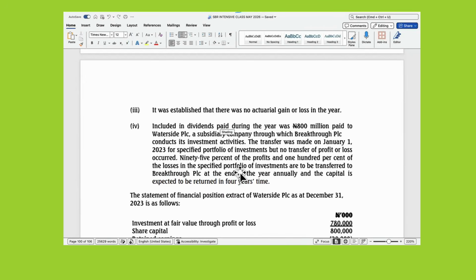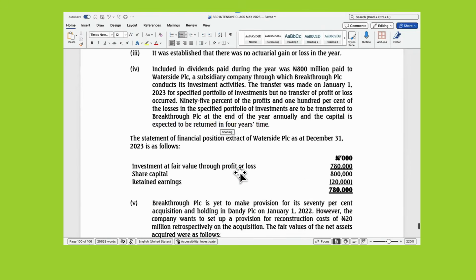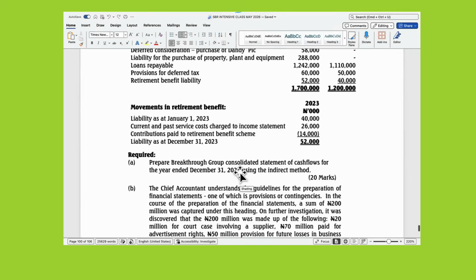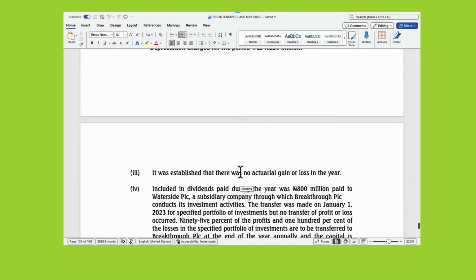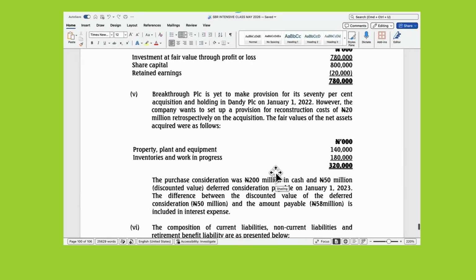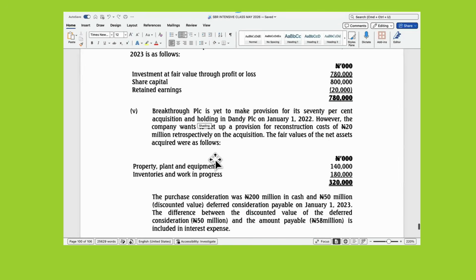And this one has nothing to do with PPE. So the only one that has something to do with PPE is this note 2, which talked about my depreciation. And I can remember in note 5, we bought a subsidiary whose plant is also 140.